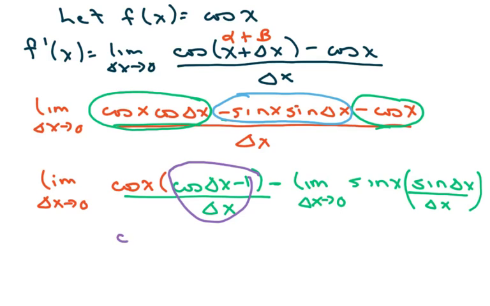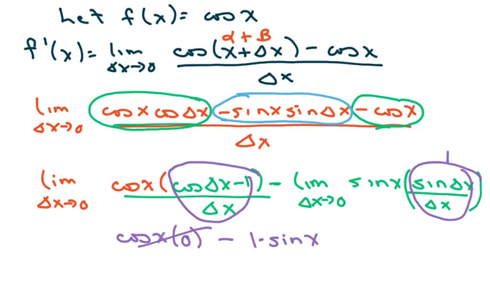So we have basically cosine of x times 0 minus, and we know this equals 1, so we have minus 1 times sine of x. Well, this cancels, so our derivative of cosine is negative sine of x.